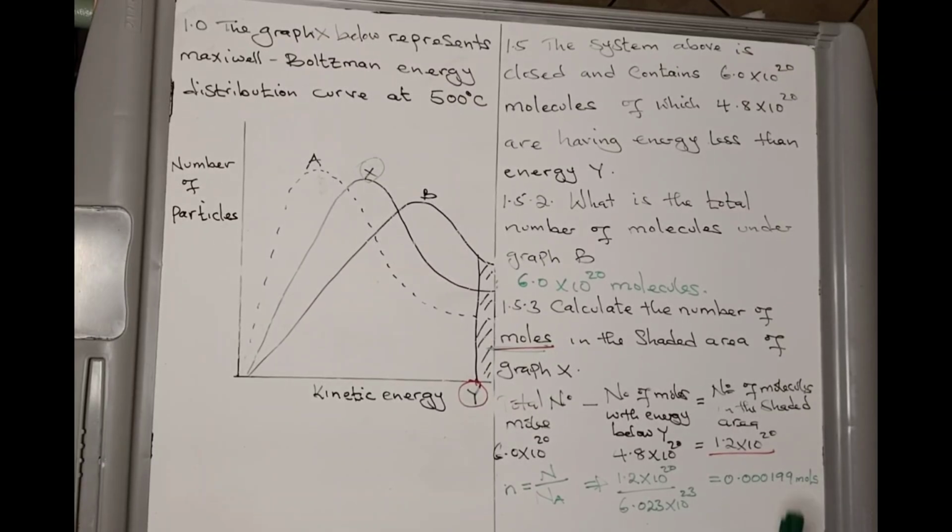So this is what we get. To remind you what we did, we have the number of molecules in the shaded area, and then we convert them to moles using the Avogadro relationship. n is the number of moles, capital N is the number of molecules, and Na is a constant, the Avogadro constant.